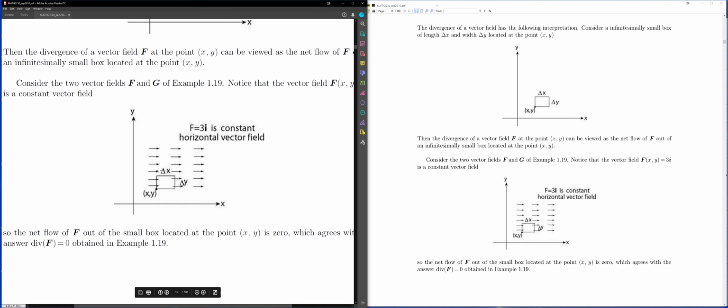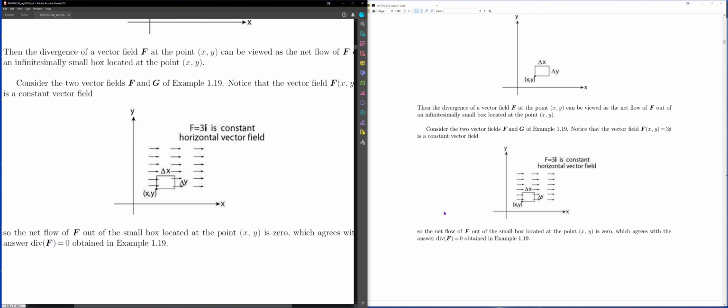Okay, so your fluid is flowing in this horizontal direction, in the direction of the x-axis, right? Your speed of the fluid is not increasing as you move in the x direction. Matter of fact, it's just constant everywhere, right?